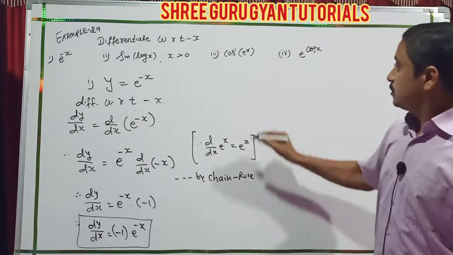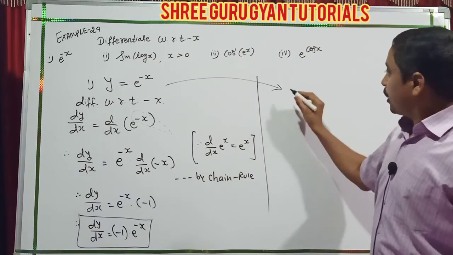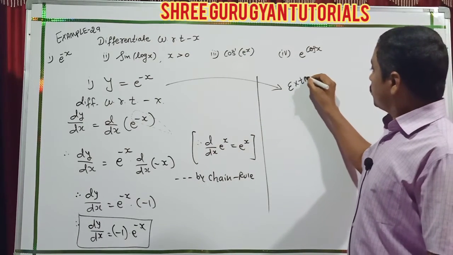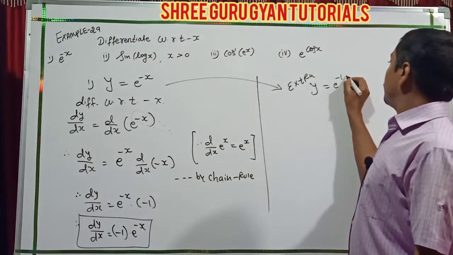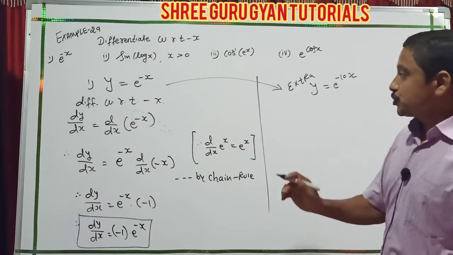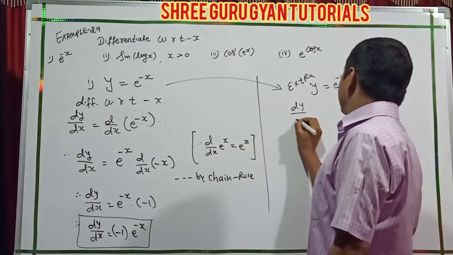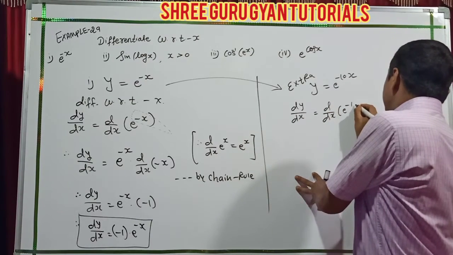But students, if this question is asked in a different way, for extra, then what to do? So I take extra, like minus 10x. Maybe a different product is given. So the same way, if you differentiate with respect to x, d dx of e raised to minus 10x.